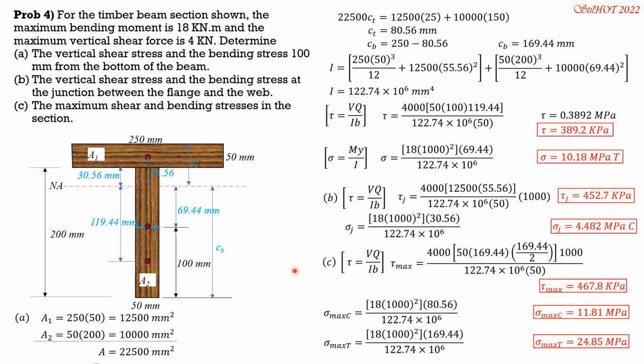The more challenging problem would be if this maximum moment and shear force were to be determined in the given beam and loadings. Here they are given, so that's why it's not so challenging. That's it.